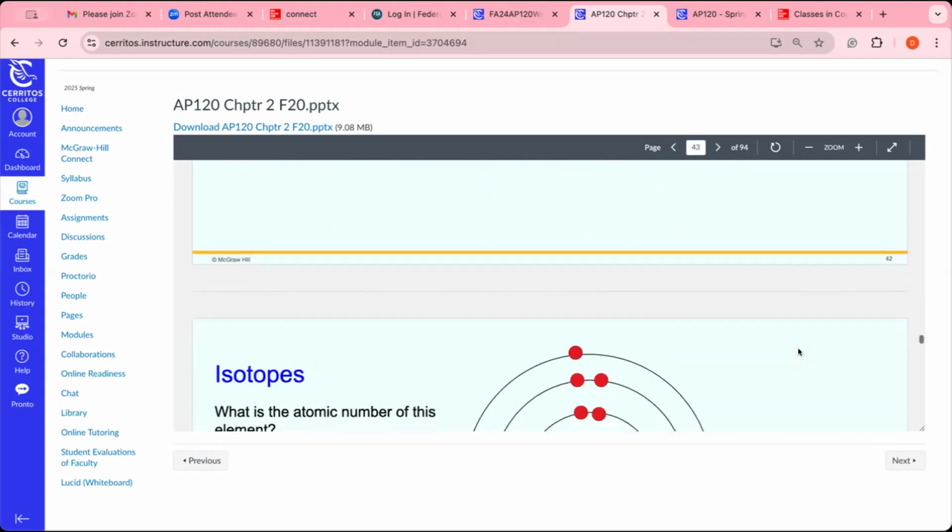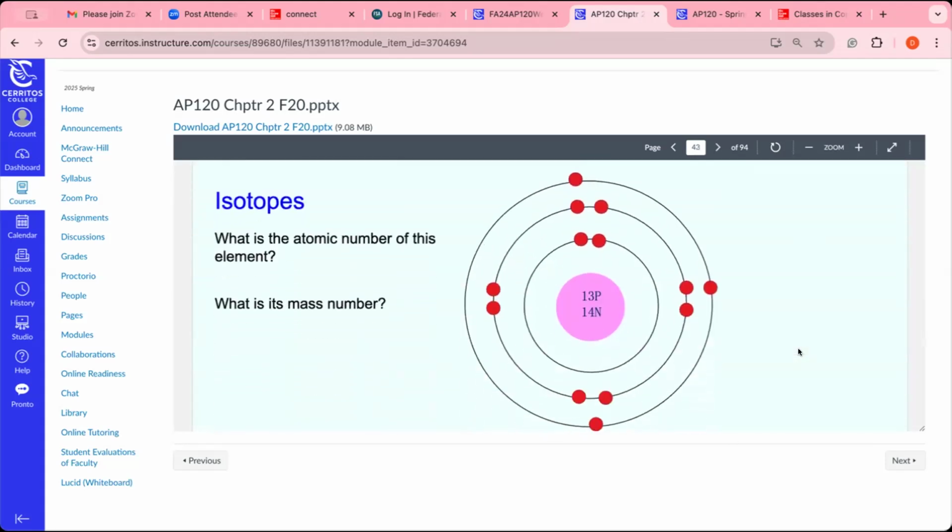I'm sure she shows us something about it. What is the atomic number of this element? Atomic number here is 13. Again, it has 13 protons. Okay, so notice that the last two that we've looked at have had 13 protons. What's different is the number of neutrons. This has 14 neutrons, so its mass number is 13 plus 14, which is 27.